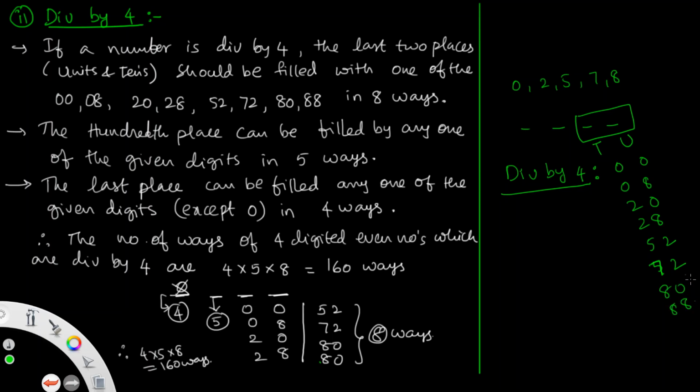So how many ways are there in total? Total ways are 8 ways. So this place can be done in 8 ways.